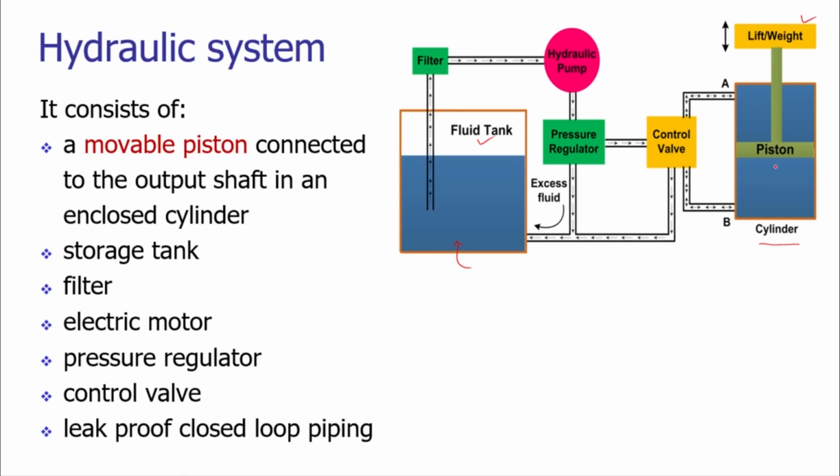It may be the lifting or the lowering of the load. The hydraulic pump is driven by a motor. We need an electrical motor. The hydraulic pump is drawing the fluid from the fluid tank.